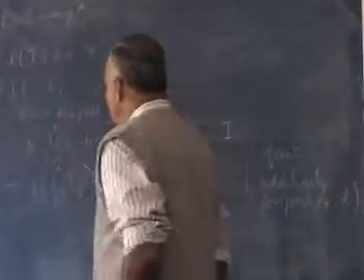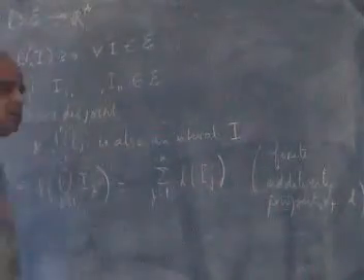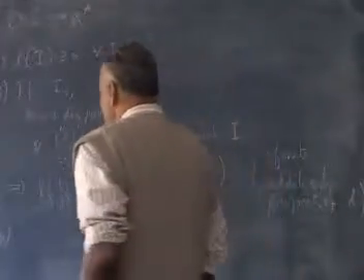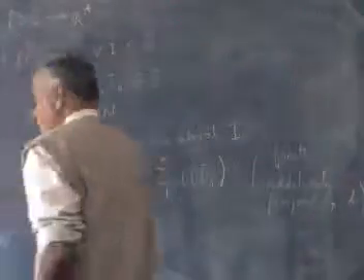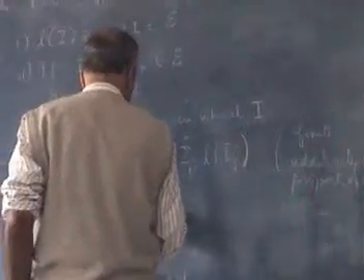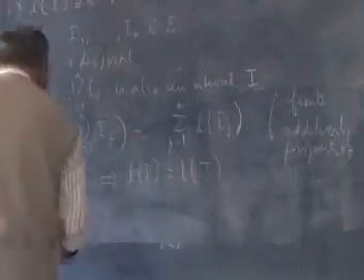This is not very difficult to see. A consequence of this, countable additivity, is not very easy to see, but I'll just take that. Suppose I and J are in E, and I is contained in J, then clearly the length of I is at most the length of J. So the length is a monotone function.